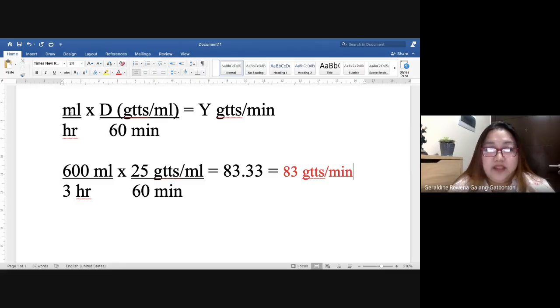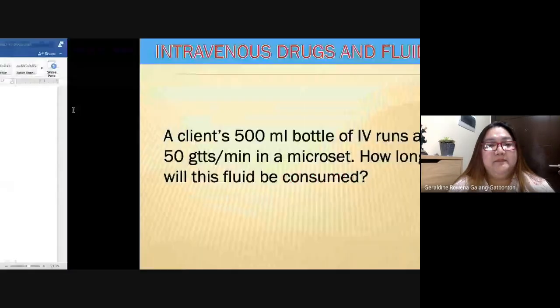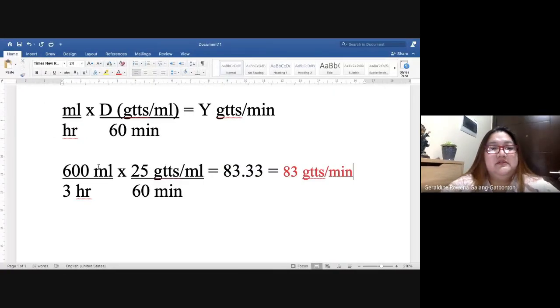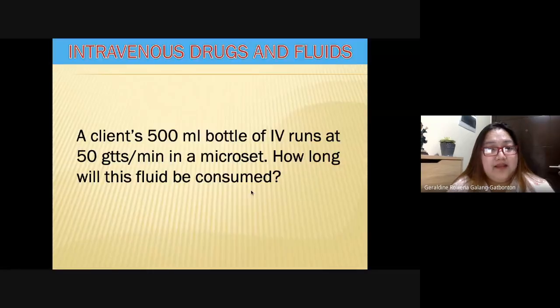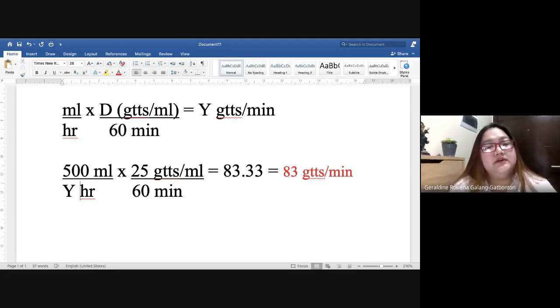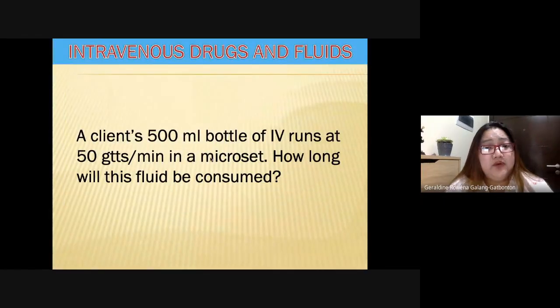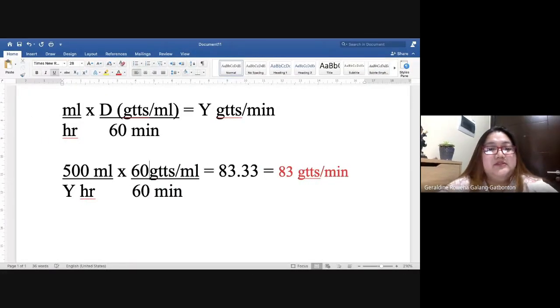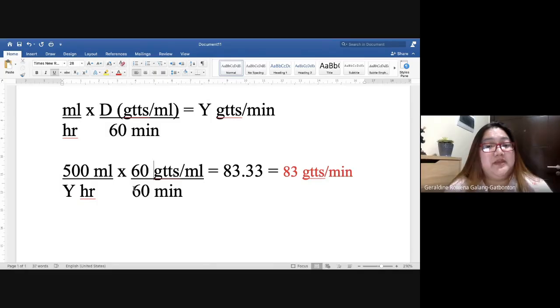So, balikan natin. What is our ml? 500. Okay? What is our hour? Wala. Yun nga yung hinahanap. So, let's look for the value of y. Y hour. Okay? What's our drop factor? Microset. So, the drop factor is 60. Divided by 60.